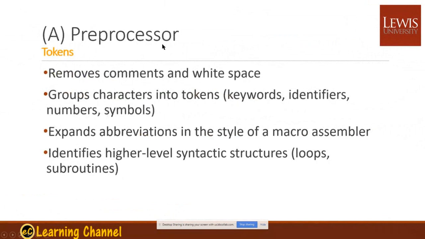The first one is the preprocessor. Some languages like C and C++ have a preprocessor that helps you remove comments and white space and group characters into tokens, then expand abbreviations in the style of a macro assembler, and identify high-level syntactic structure like loops and subroutines.